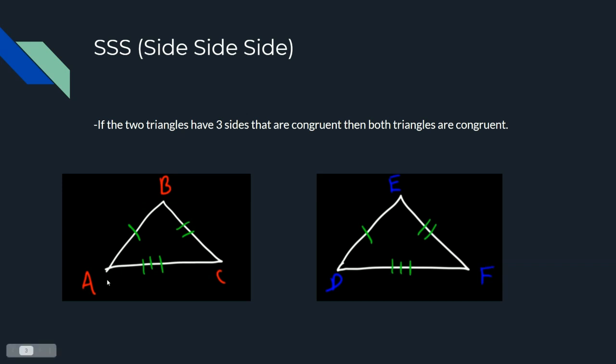And we also know that side AC and side DF are congruent. This one follows under the rule side, side, side. This is written out just like this: triangle ABC is congruent to triangle DEF. It is written out like that every time if the two are congruent.